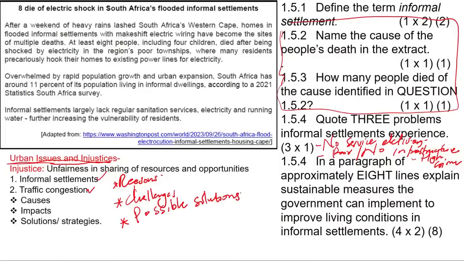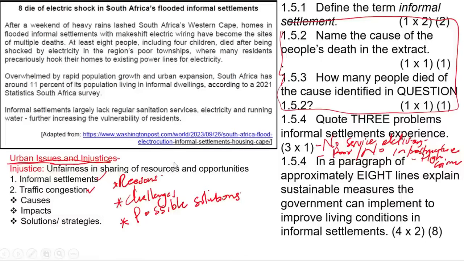How do we help people living in informal settlements? The reasons why people live in informal settlements is because of the high level of rural-urban migration, or high urbanization rate. Many people come to urban areas and can't find jobs, but they need accommodation, so they stay in informal settlements just to have shelter.